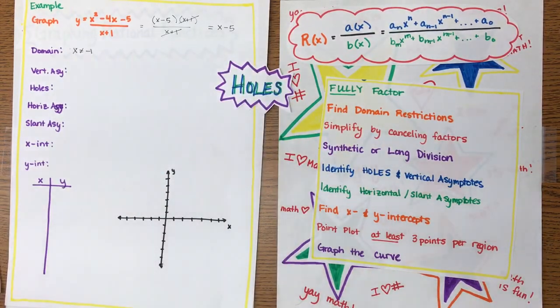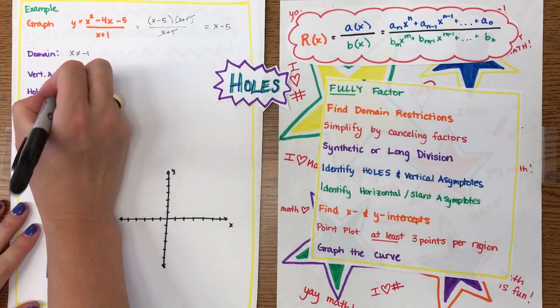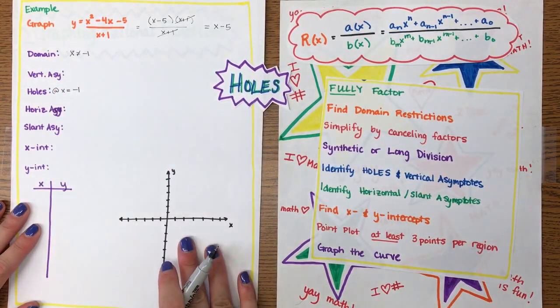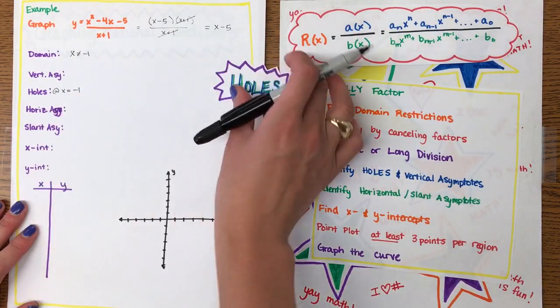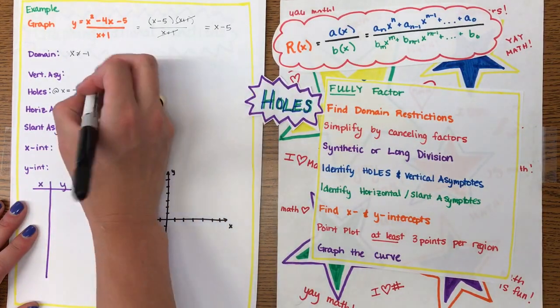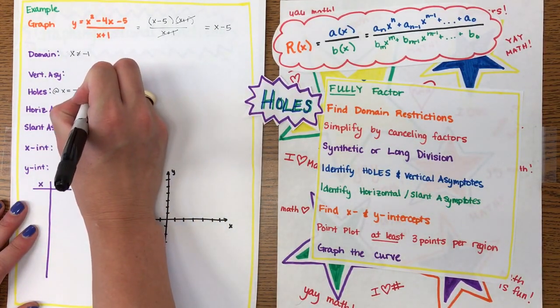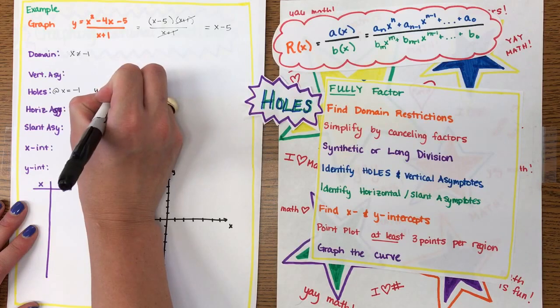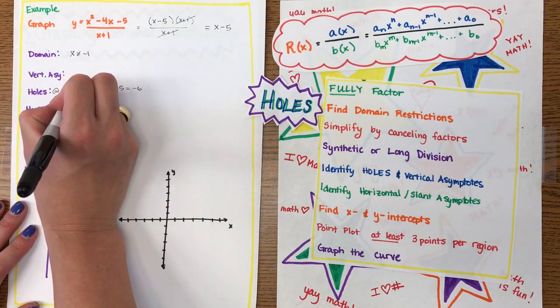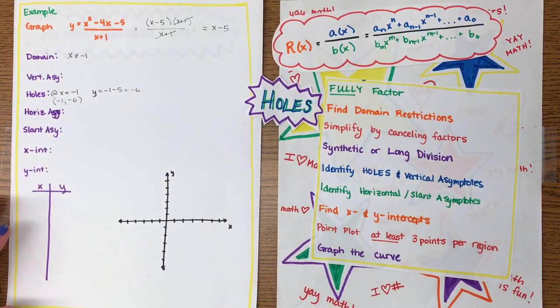So the domain restriction of x is equal to -1 cancels out, so there will be a hole at x is equal to -1, and I actually want to find that ordered pair. I'm going to find that ordered pair by substituting this value of x into my simplified equation. So y is equal to -1 minus 5, which is -6. So I have a hole at the point -1, -6.